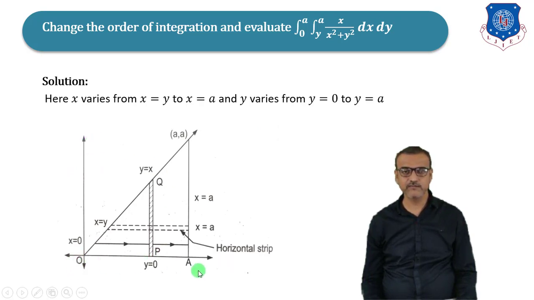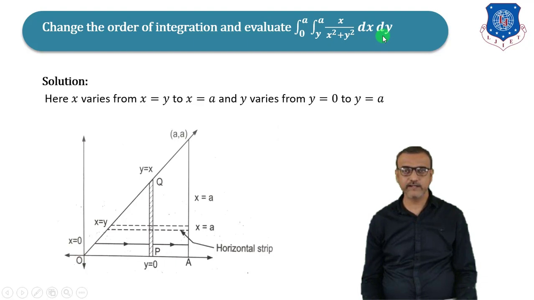So the region of integration is bounded by the lines x equals y, y equals 0, x equals a, and y equals a, that is this triangle, right? This is the region of integration. Now here we have to change the order of integration. Here the inner limit is of x and the outer limit is of y.